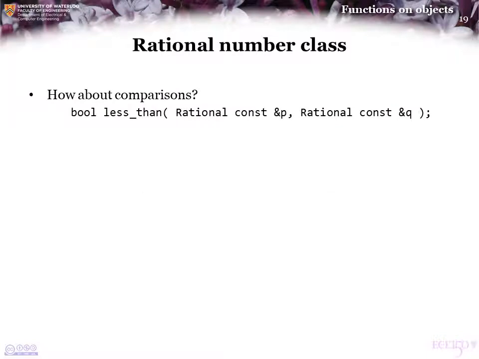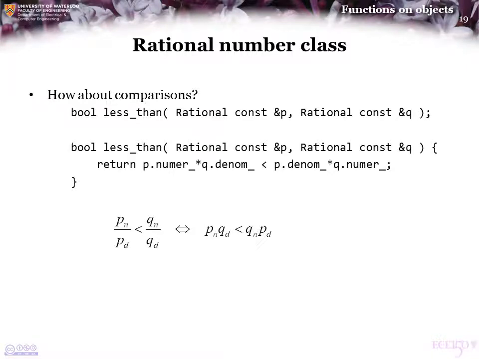Now, let's do some comparisons of rational numbers. If we want to determine if a rational number p is less than a rational number q, you may think, oh, let's use the same formula. The first ratio is less than the second ratio if, after cross multiplication, the first product is less than the second product. If you thought this, you may implement it as follows.